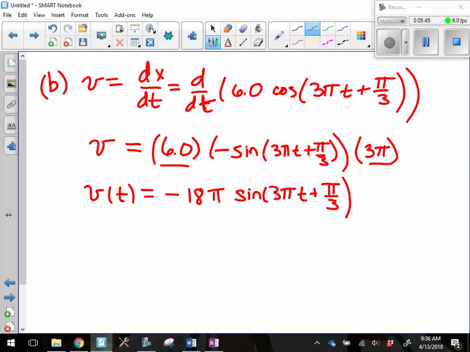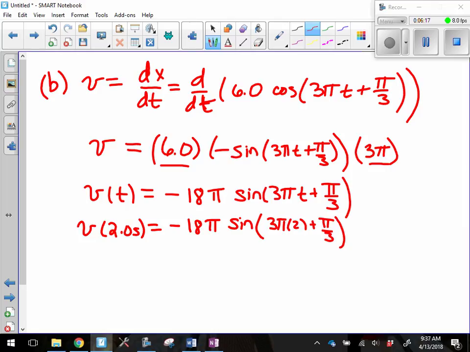I could, but I think what we're really going to find is that t is equal to 2 for all of these, because the problem reads at t equals 2 seconds, what are all of these things? So we're really going to find v of 2 seconds. That gives me negative 18 pi times the sine of 3 pi times 2 plus pi over 3. So what am I going to get?